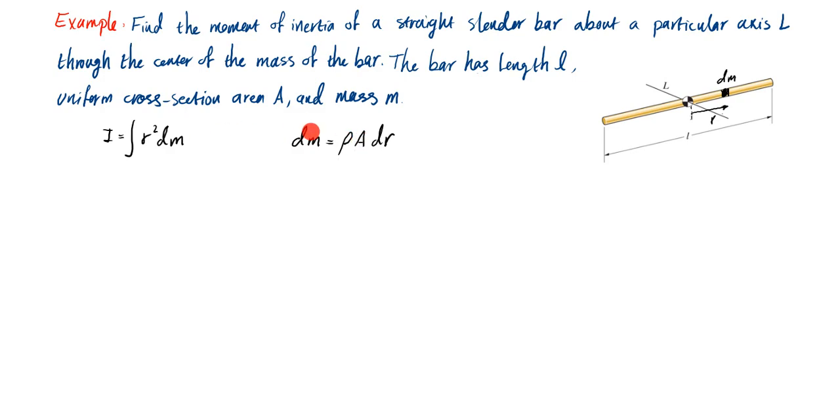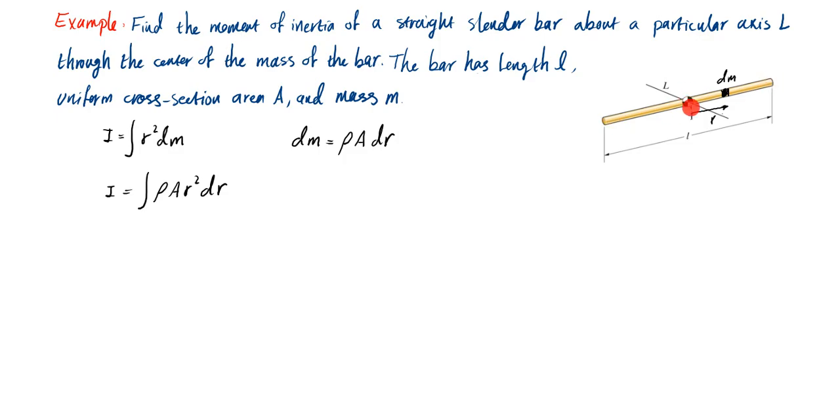I was trying to come up with a way that relates this integral to geometry so I can take this integral. So I wrote this element of mass as a function of density, area, and how far it is from the axis of rotation, using the general definition of density. If I replace that, I becomes integral rho A r squared dr. And dr changes how? r changes from minus L over 2 to L over 2, right?